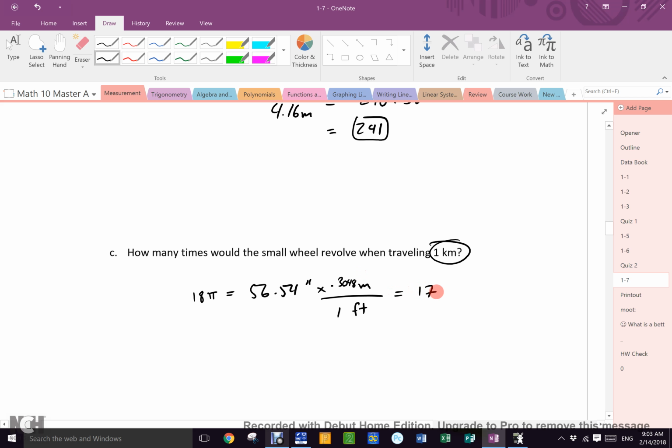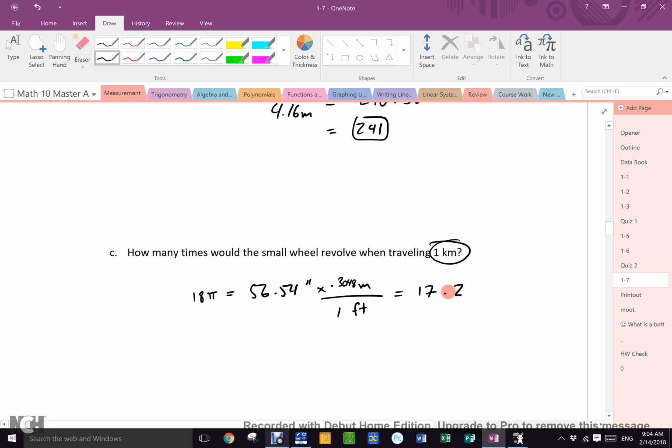Equals 17.2 what? 56.54 inches times point. No, that's wrong. 1 foot is 0.3048 meters. So 56.54 times 0.3048 is 17.2. That's not right. Oh, yeah, it is. Yeah, duh.